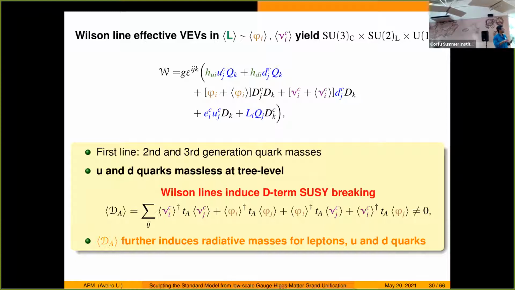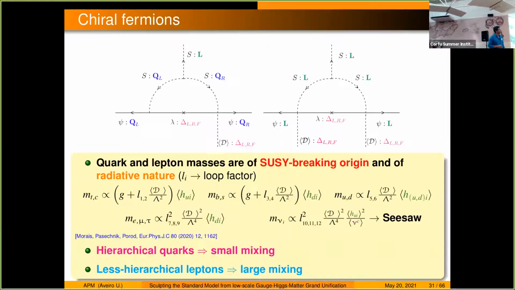It will induce masses to leptons and up and down quarks, which is a rather nice feature because it will also be associated with a hierarchy in the mass structure of this model. So this is how you generate masses at one loop level for quarks and for leptons. Together with Werner, we have studied something similar in a previous paper, in a different context.